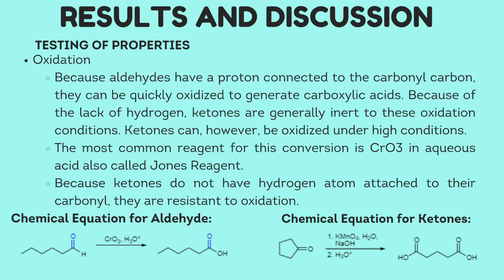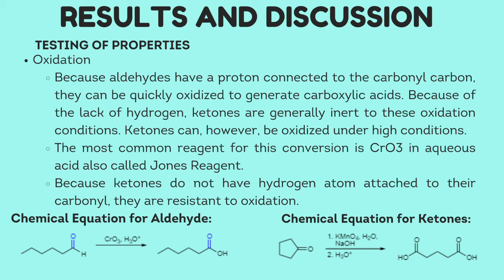And as I've said before, because ketones do not have hydrogen atoms attached to their carbonyl, they are resistant to oxidation, and only very strong oxidizing agents such as potassium permanganate solution oxidize ketones.